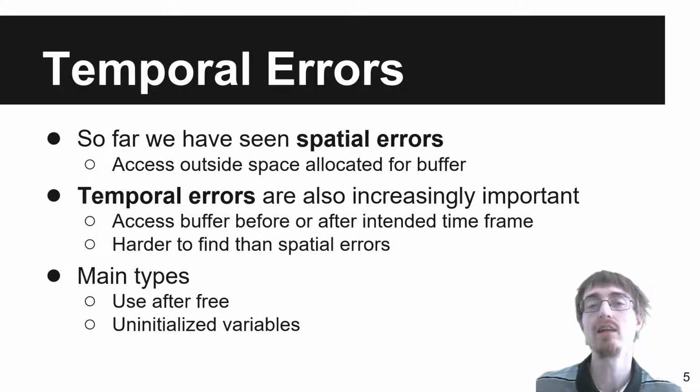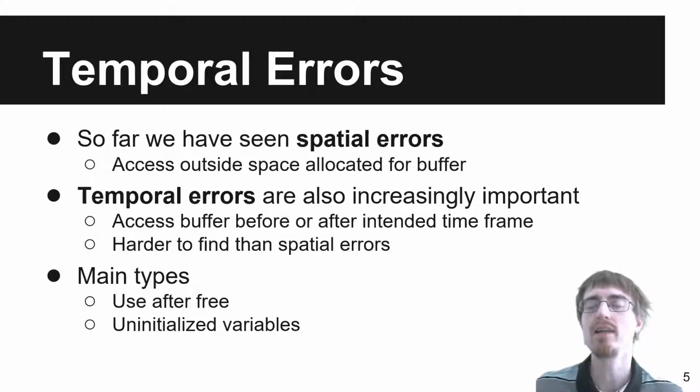These are interesting cases because they are much harder to find than spatial errors, which means they are also relatively getting more common as we're doing more and more about the spatial errors. So this also means, of course, they're harder to exploit.